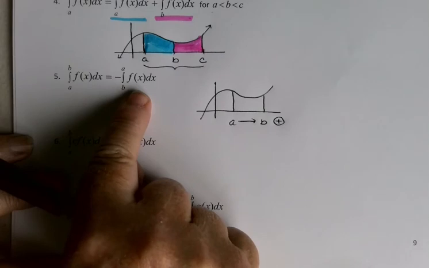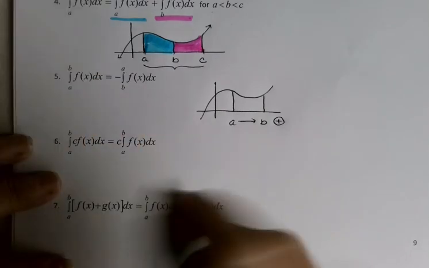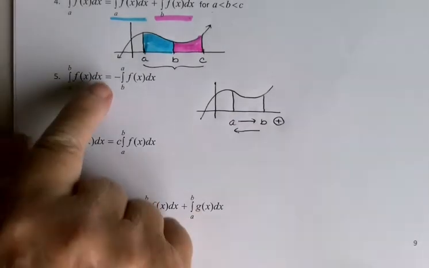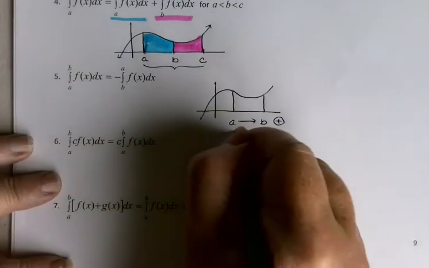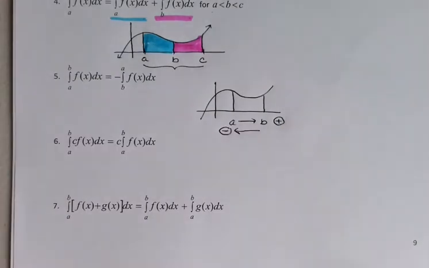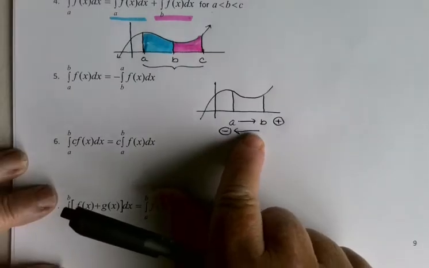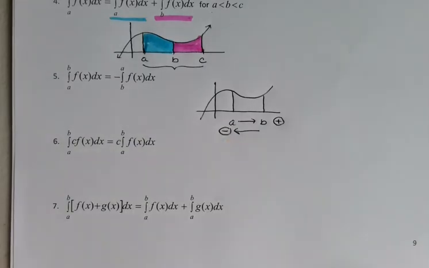All this is saying is that if I integrate backwards from b to a, I'll get the same result, but opposite sign. It'll turn out negative. So there's actually two ways to get a negative value from an integral. One is if the area is below the x-axis. The other one is if you integrate from right to left, kind of backward from our normal order.